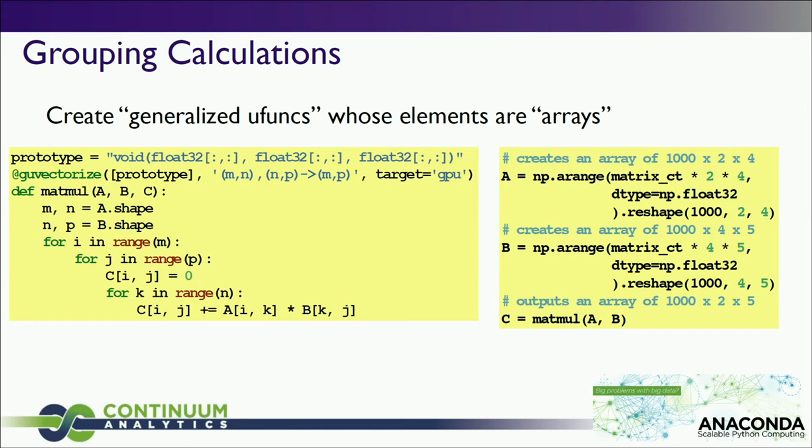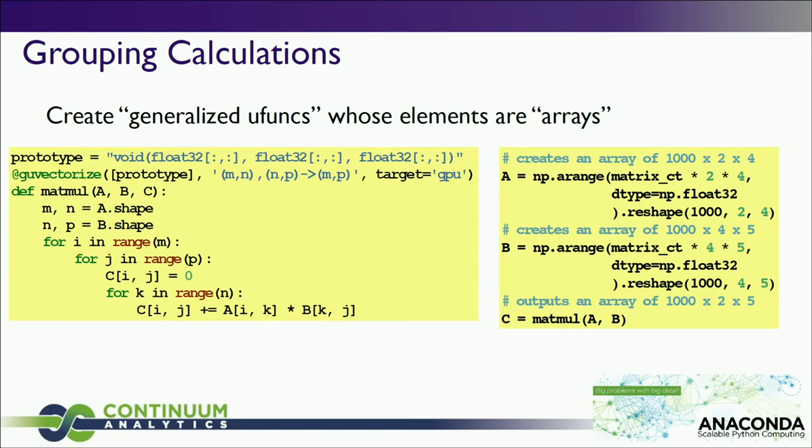But I might use it by taking 1,000 2x4 arrays. So I organize my code so that I'm actually operating on many at once. If I have a bunch of matrix multiplies to do, I put them all in memory, I create this kernel, and then just by calling that vectorized kernel function on larger arrays, it'll handle moving the data over to the GPU, doing all the calculations on all of the data, and then moving it back.